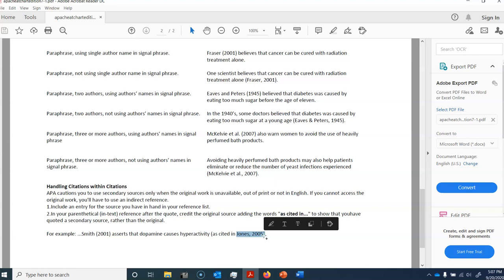So just be careful if you're using information that your original author has also used from somewhere else. You want to make sure that you handle that as a citation within a citation.